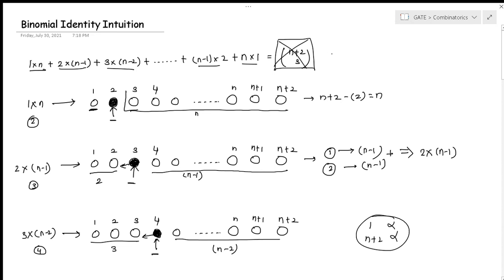If you want to make an equation for, let's say, n plus 2 c4, right? So what will be the equation for that? It will get a little bit tougher, and then probably you will understand why n plus 2 c3 is the most common thing that you would ever encounter, and why not n plus 2 c4.